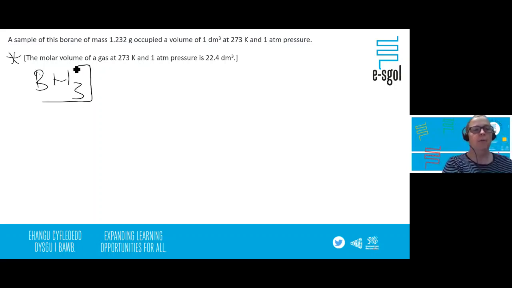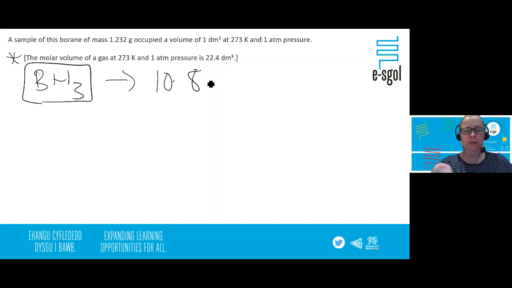That has come from part A, and that's what they often do. They scaffold it, so they'll ask you question A and that feeds into part B, etc. Okay. The mass of BH3 then, let's work that out. So this has a mass of 10.8, which is the AR of boron, and then you've got 1.01 times 3.